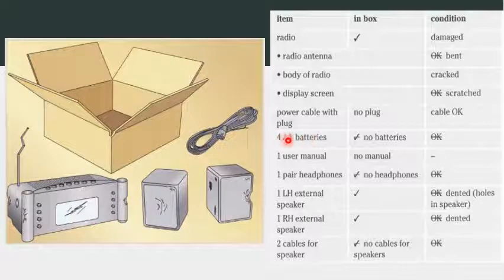Then for AA batteries, there is no batteries. Then one pair headphones, there is no headphones. One LH external speaker, this is deleted.